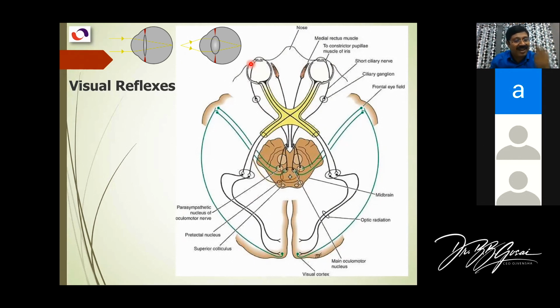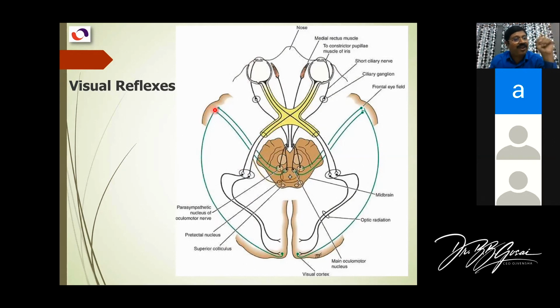But we need a third component to make the eyes come together. We need something to control the movement of the eyeball, and movement of the eyeball is controlled by the frontal eye field, which is here in the frontal lobe. So what happens? The fibers go up to the visual area, and then from the visual area there are association fibers.